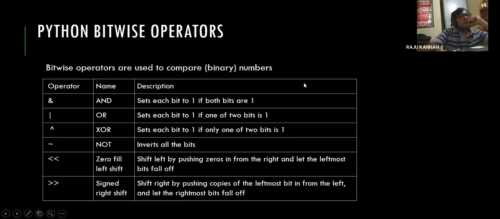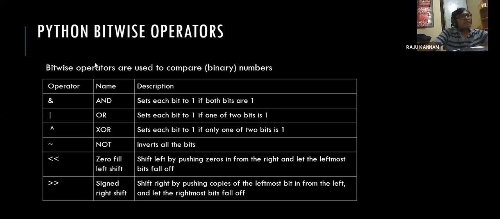Bitwise operators. Of course, these are used to do the same logical operations we have discussed, but bitwise. In some real-time environments, especially when you are working on the embedded systems side, these bitwise operators are very important.